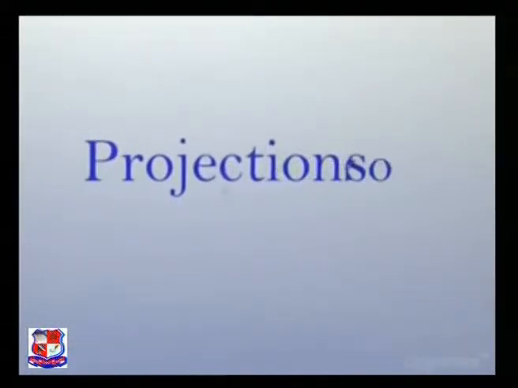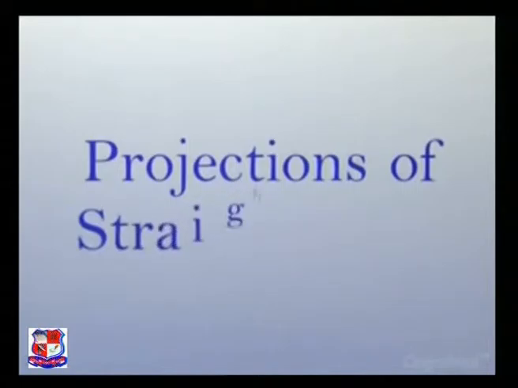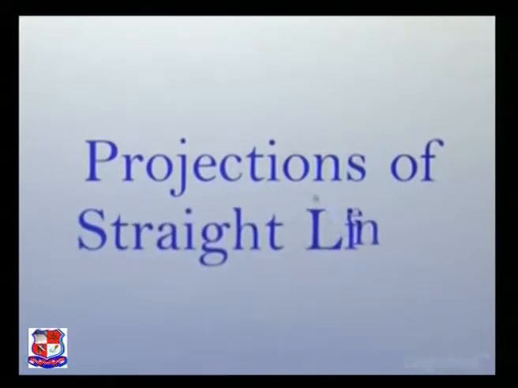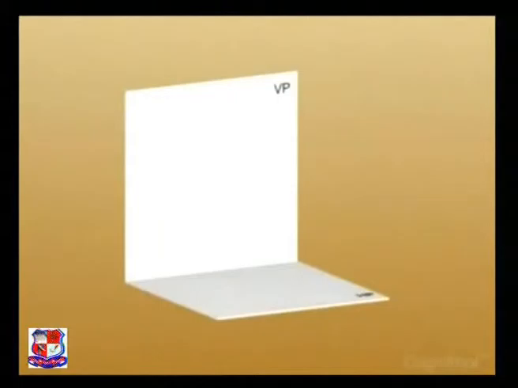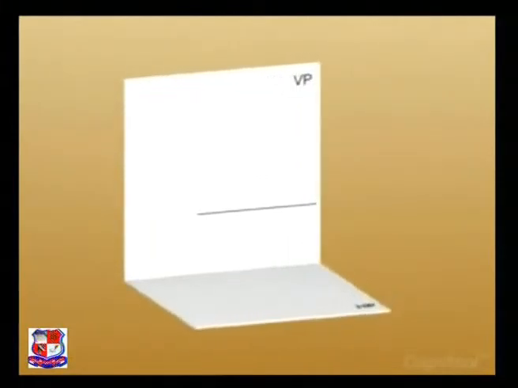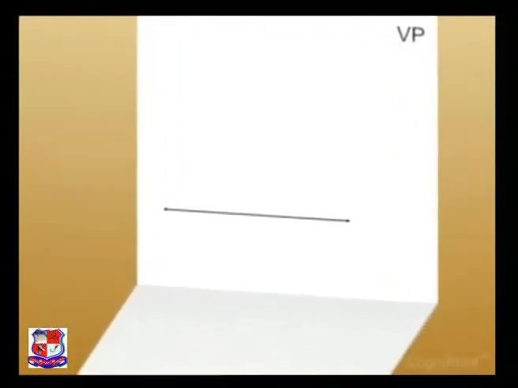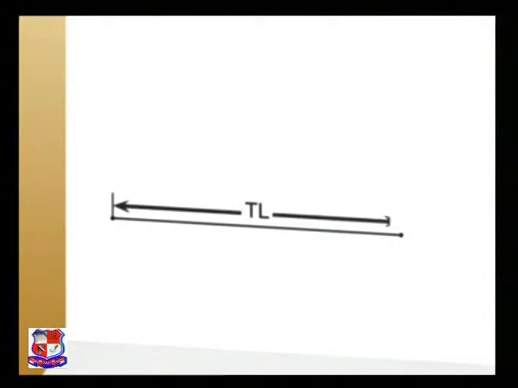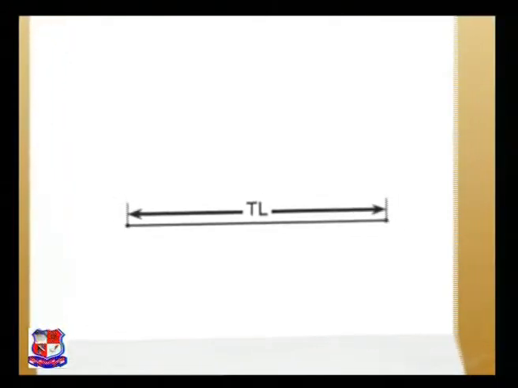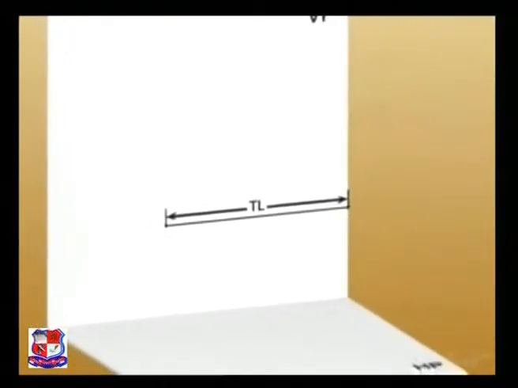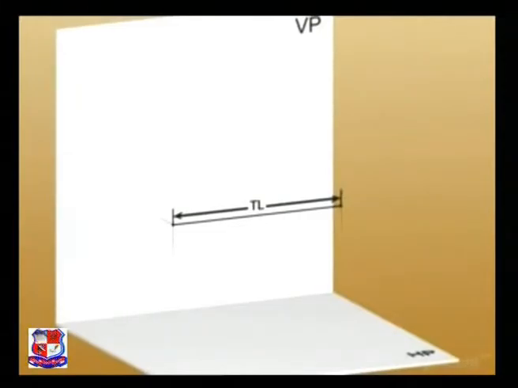Welcome. In this session, we are going to study the projections of a straight line. A straight line is a one-dimensional element connecting two points by the shortest distance, and the length is always a true length TL. The projection of a line can be obtained by drawing the projections of its endpoints on different planes.